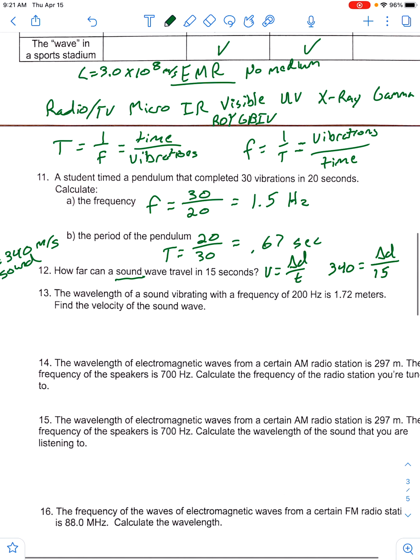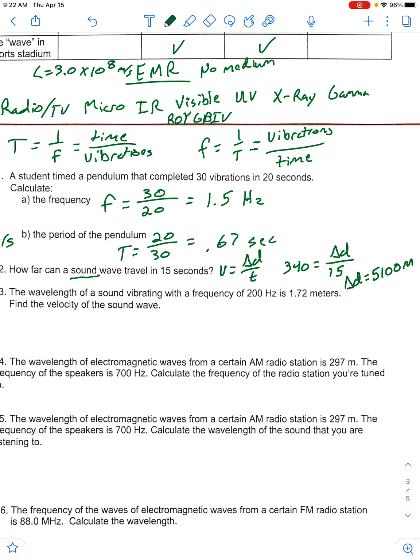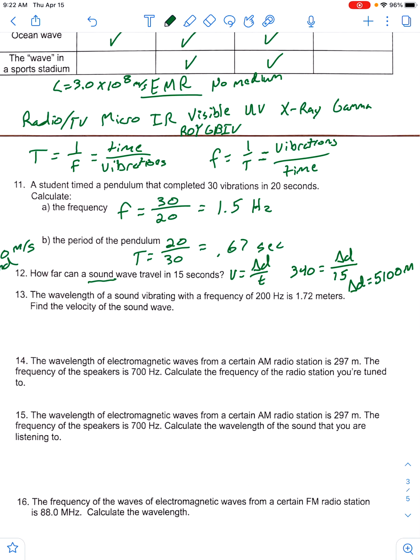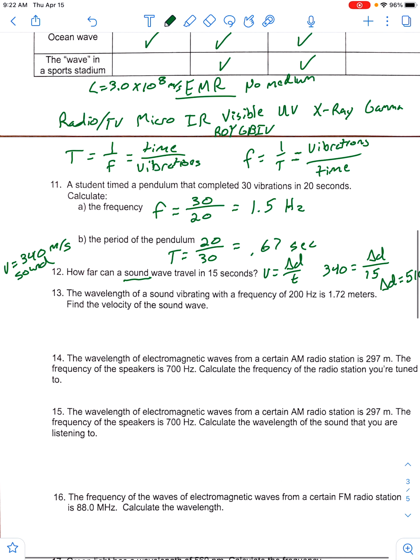And I get a displacement of 5,100 meters. The key thing there is just making sure you have the velocity of sound down as 340. Then all you have to do is multiply by time to find your distance.